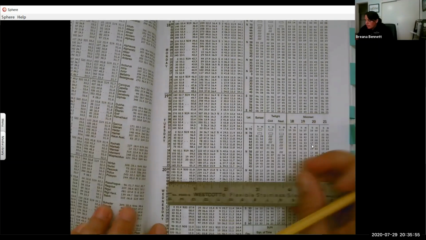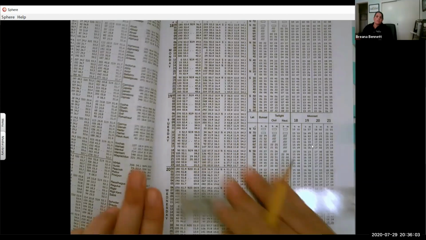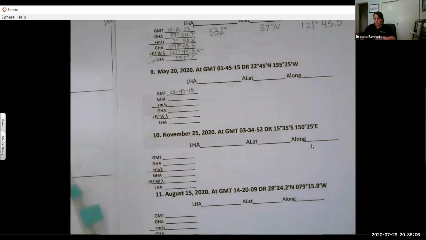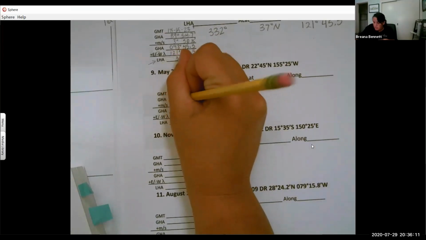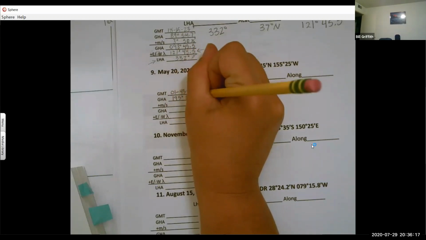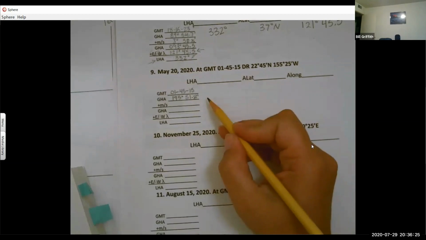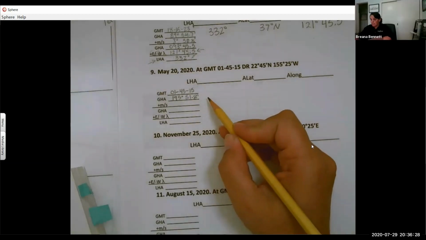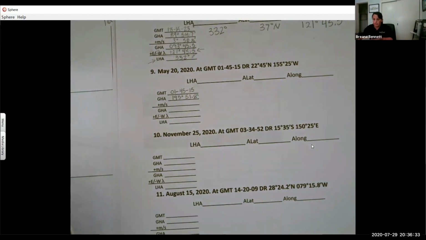So 01 gives us 195, 51.8. Okay, and then we go to the minutes and seconds, and we are at 45:15.